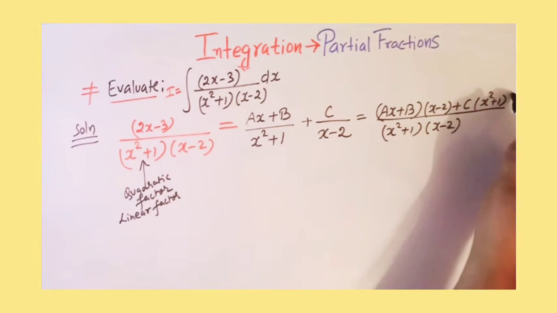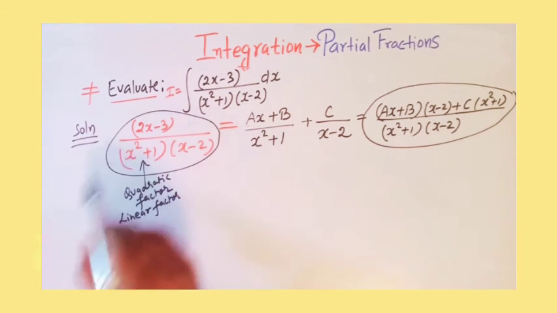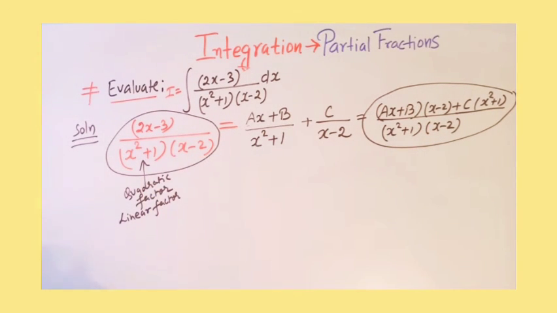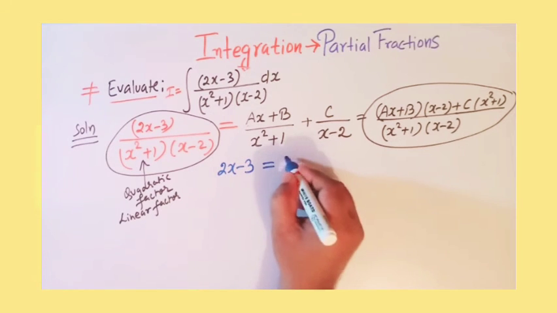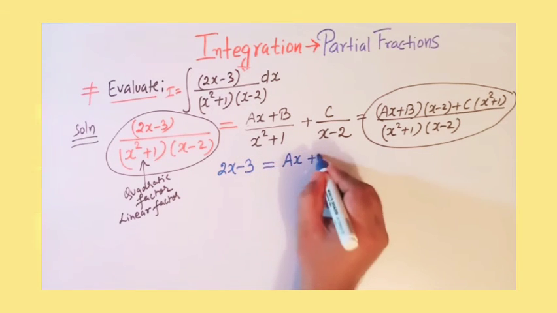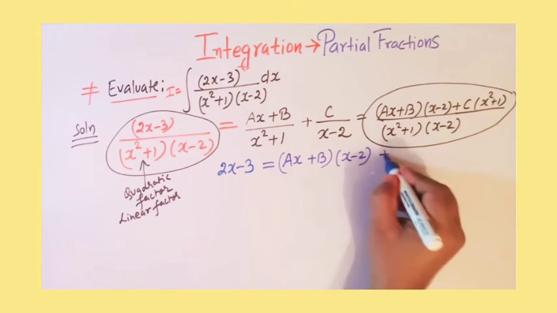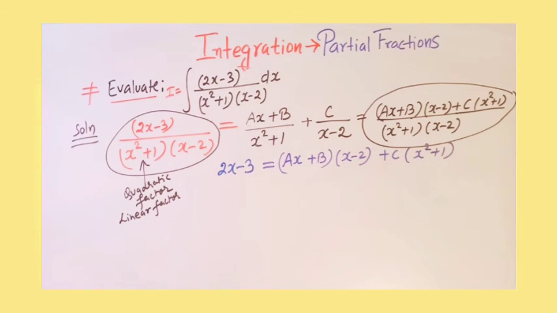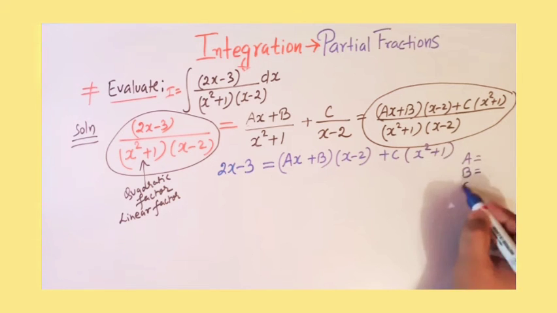Now if we compare this one with this one, then we see that 2x minus 3 is equal to (ax plus b)(x minus 2) plus c(x square plus 1), right? Now our aim is to find a, b and c.